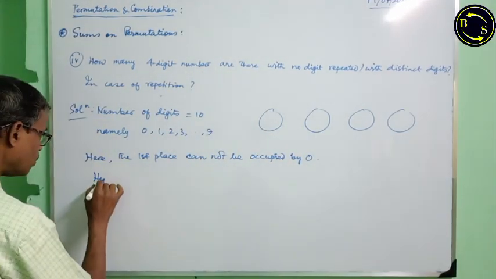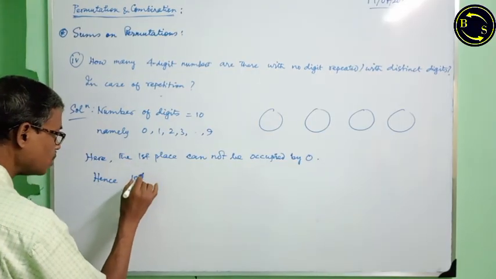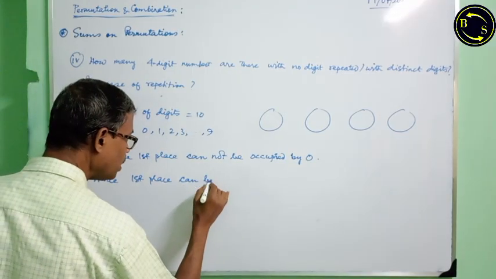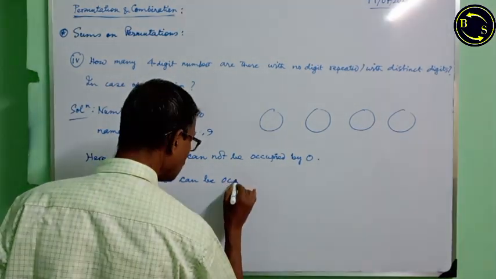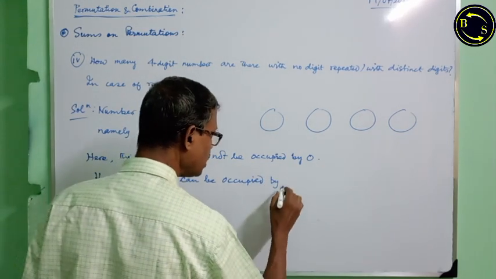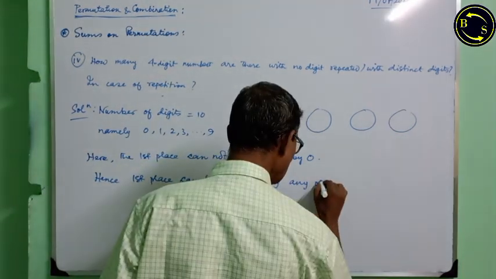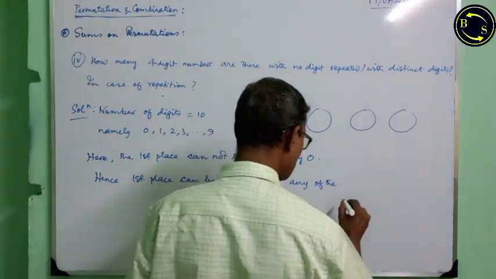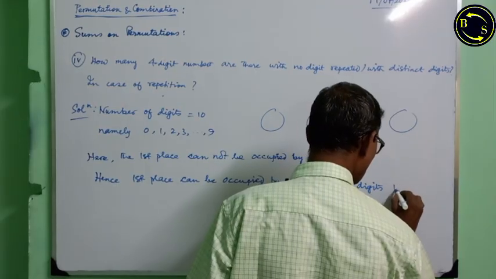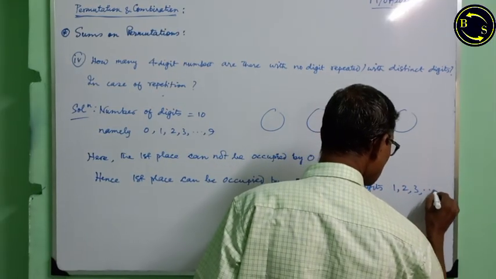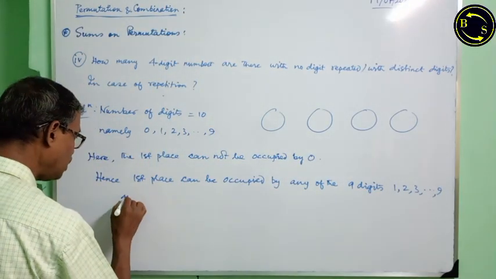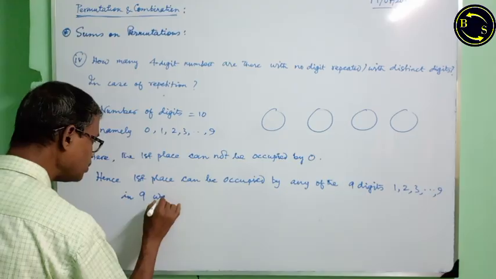Hence, the first place can be occupied by any of the 9 digits 1, 2, 3, and so on, in 9 ways.